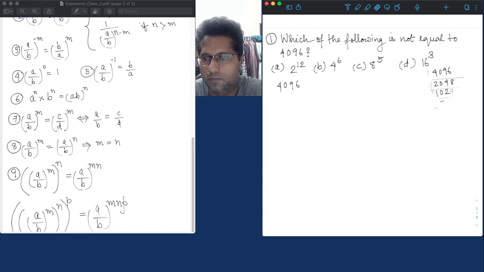Let's divide it by 4, because dividing by 2 will be a long process. So let's divide by 4. This is 1024. This is 256, and how much?